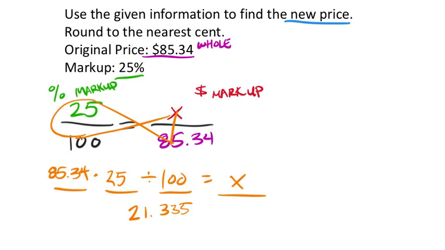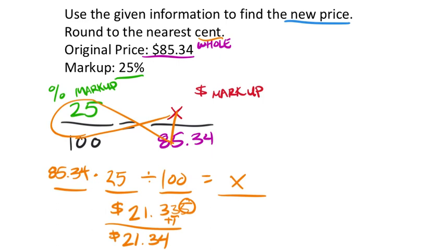Okay, so this is how much the markup is. $21 and, well, we got to round this. It did say to round to the nearest cent up here, so we're going to round to the 2 decimal places. To the right is a 5 or more, so we're going to have to add 1 to that 3. So the final markup for us, rounded, is $21.34.